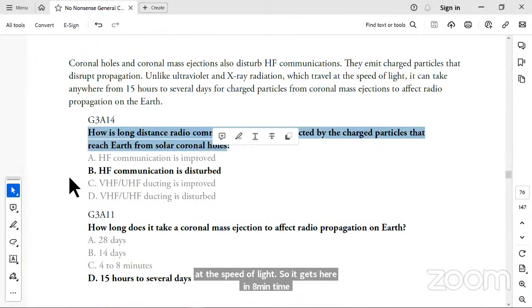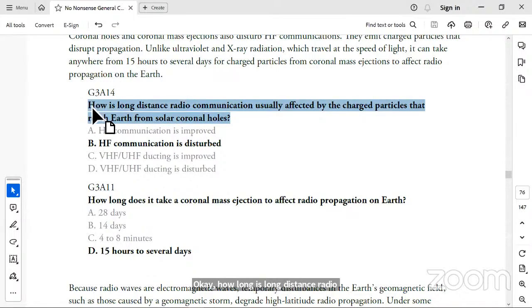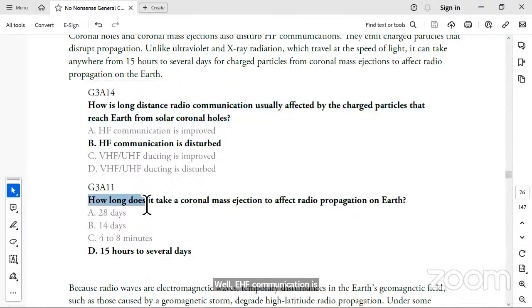Okay. How long is long distance radio communication usually affected by the charged particles that reach Earth from solar coronal holes? Well, HF communication is disturbed, as the answer. Next question.